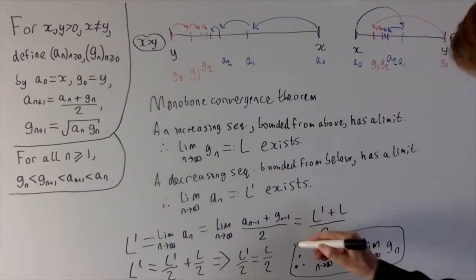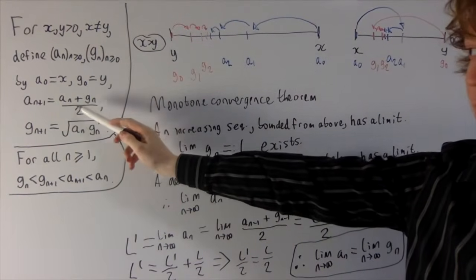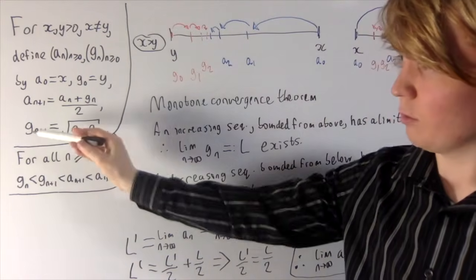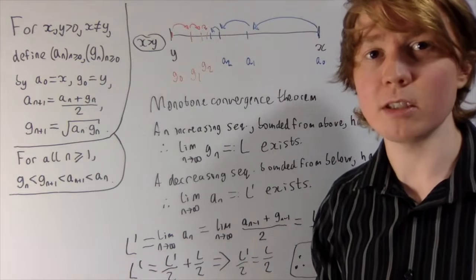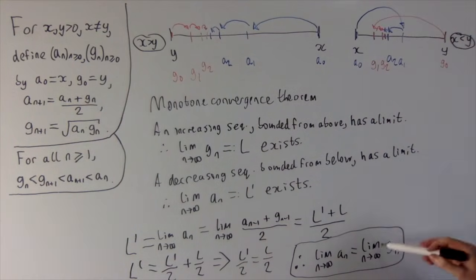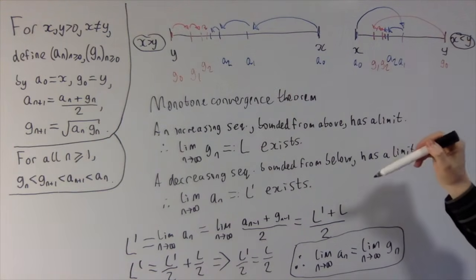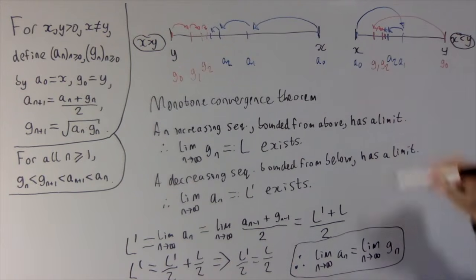We've started with two distinct numbers x and y. Basically we keep finding the arithmetic mean of the previous terms for the A sequence, and for the G sequence we keep finding the geometric mean of the previous terms, and then eventually our limits will coincide. So basically we don't know exactly what this limit's going to be. There's no particularly nice way of calculating it, but we know that this limit exists and these two do coincide.